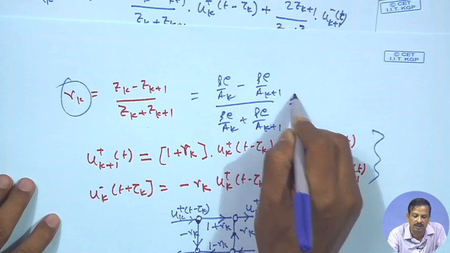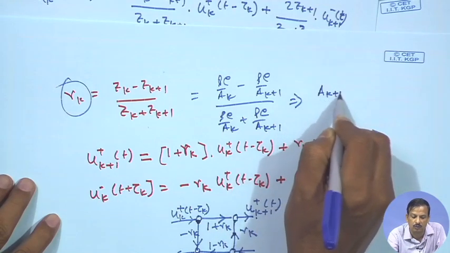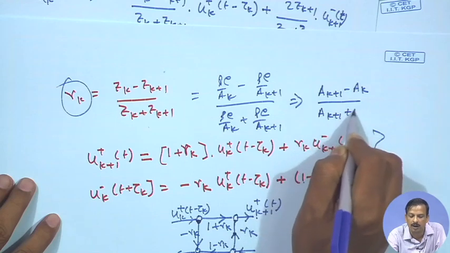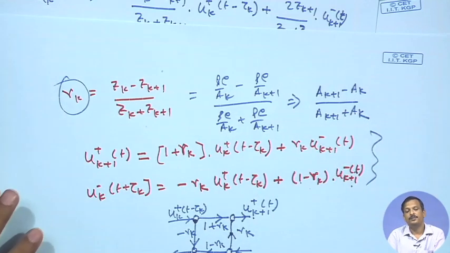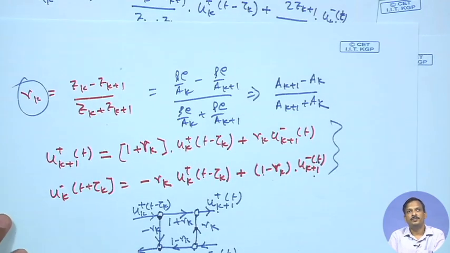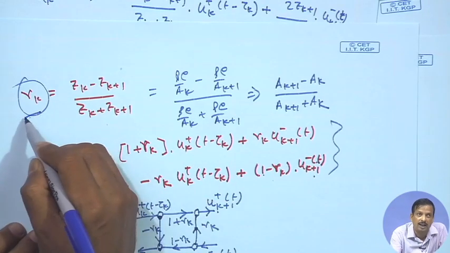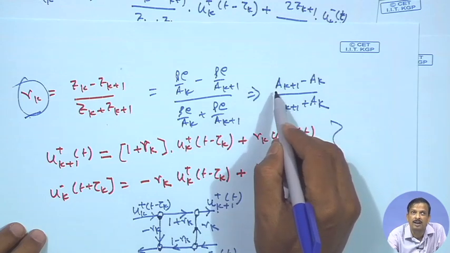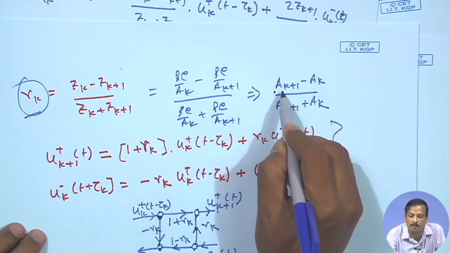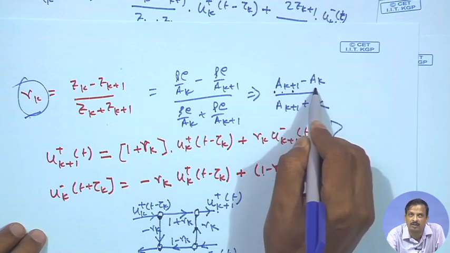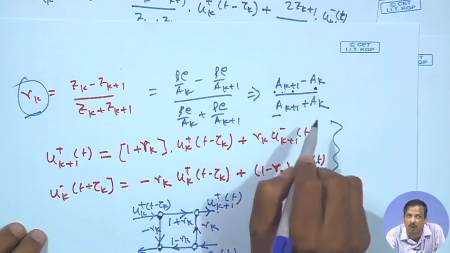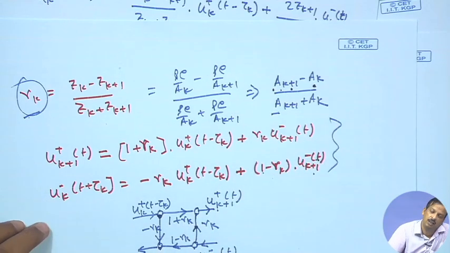If I evaluate it, it is nothing but (a_{k+1} minus a_k) divided by (a_{k+1} plus a_k). Okay or not? So, that is why r_k is called the reflection coefficient. It is nothing but the cross sectional area of the (k+1)th tube minus the cross sectional area of the kth tube, divided by the cross sectional area of the (k+1)th tube plus the cross sectional area of the kth tube.